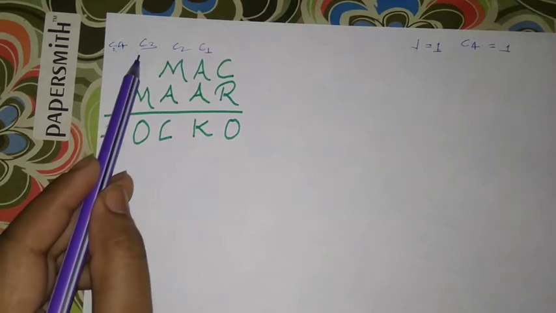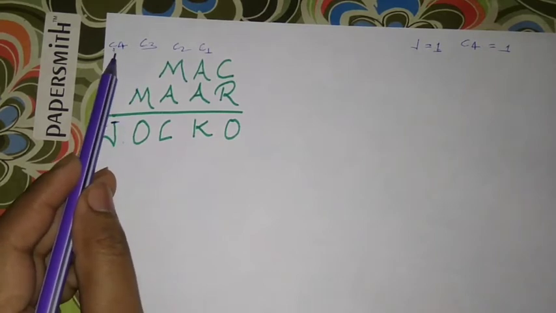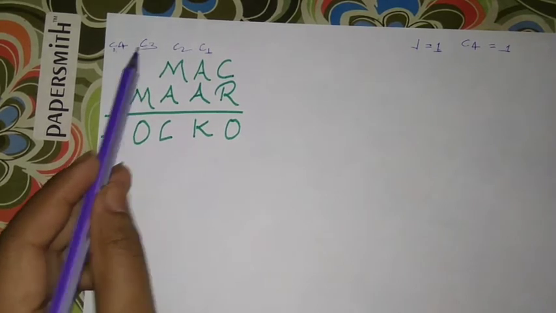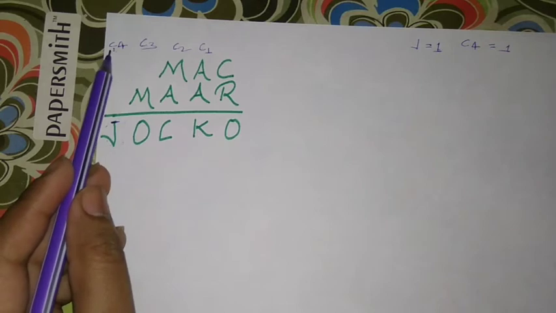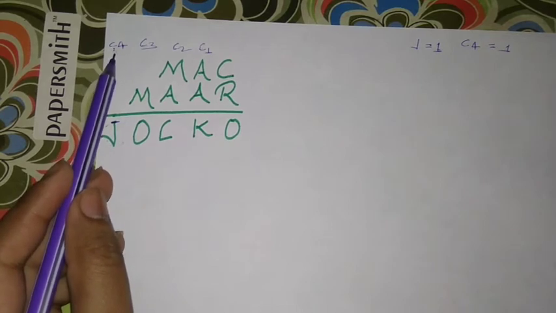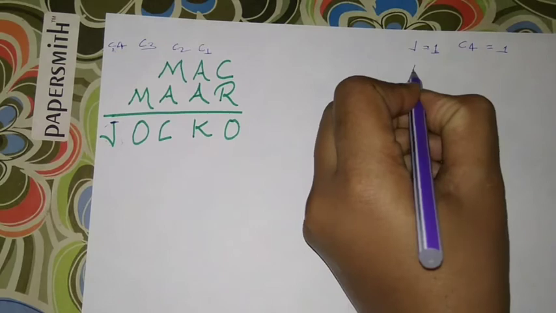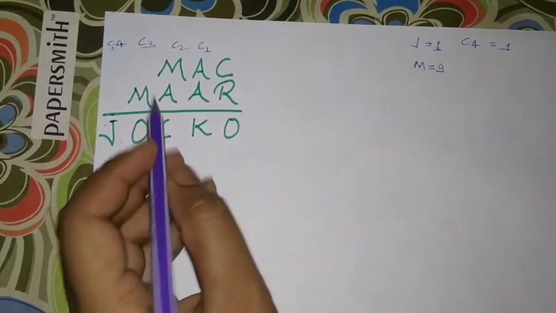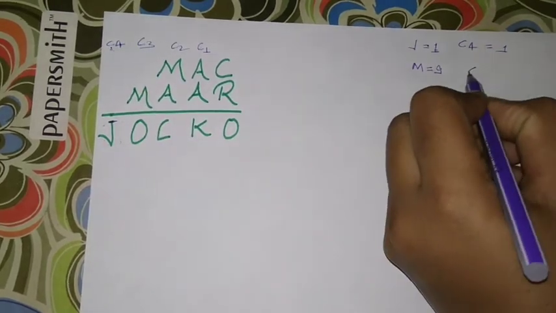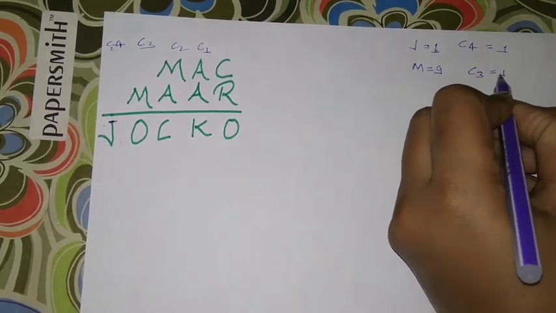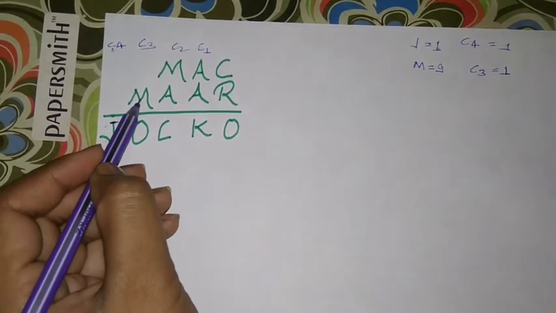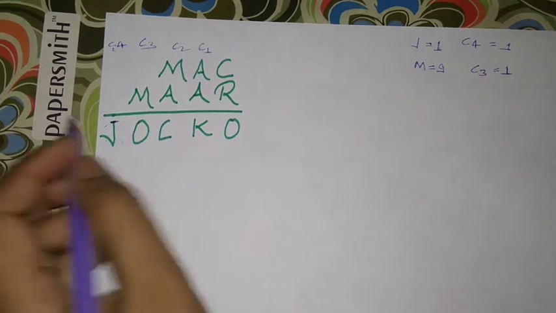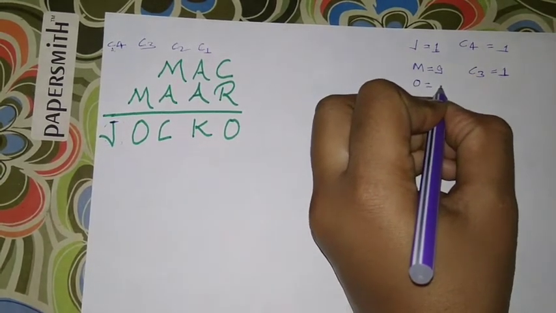In 9 we add 1 carry, then we get 1 carry as output, that is 9 plus 1 equal to 10. So we take the value of M equal to 9 and the value of C3 equal to 1, so that we get 9 plus 1, that is 10. That's why we get the value of O equal to 0.